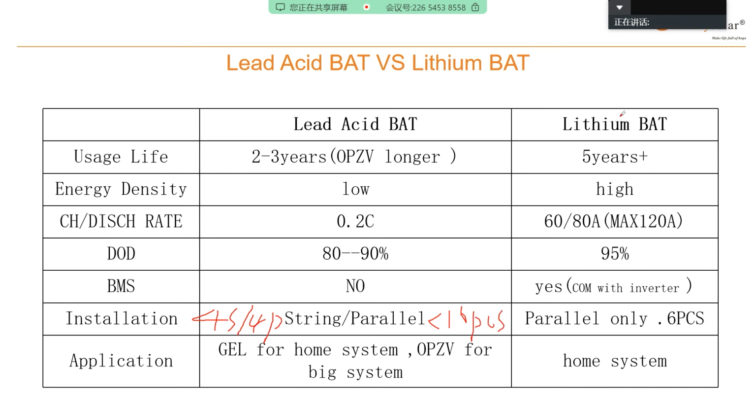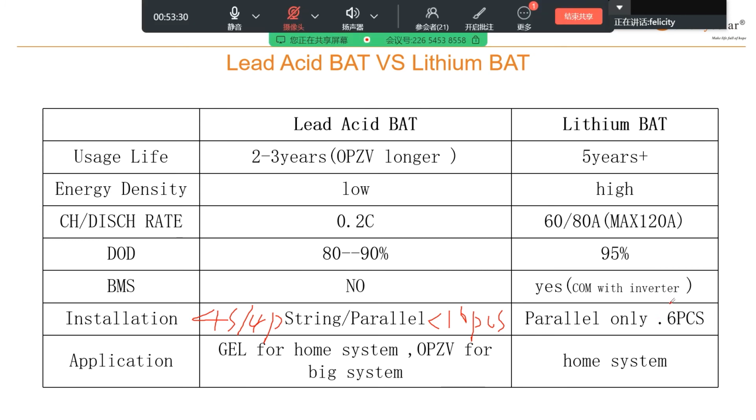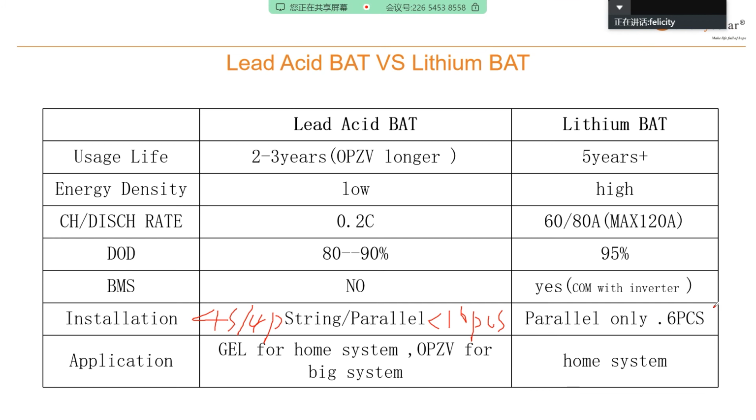But lithium battery is different. If we don't consider the 12 volt, only the 24 and 48 volt batteries, you can parallel 6 pieces of LPPF, but for LPPA, as I said, you can parallel 12 pieces.